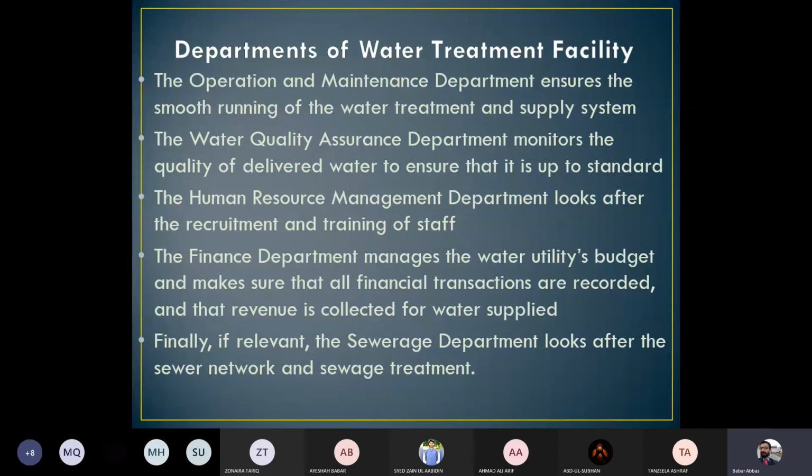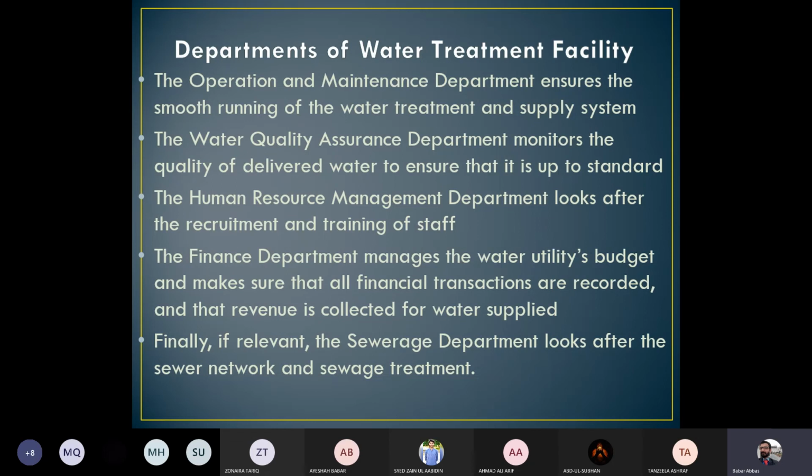The water quality assurance department monitors the quality of delivered water to ensure that it is up to the standard. Once again, it is the department which must be headed by the environmental engineer, because an environmental engineer knows how to analyze and test the water parameters, and how to identify if there is a problem in the water treatment.